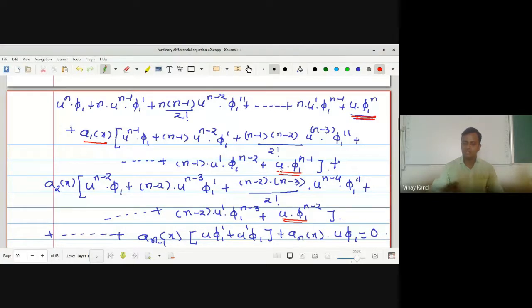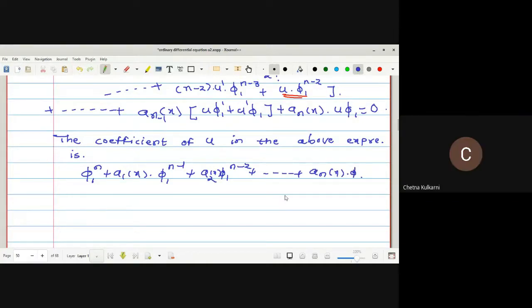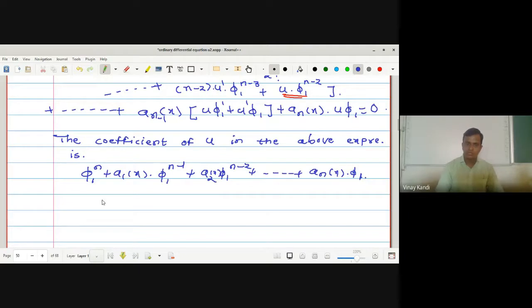So collecting all these terms, we get phi 1 raised to n plus a1 of x into phi 1 raised to n minus 1 plus a2 of x into phi 1 raised to n minus 2, and so on up to an of x into phi 1, which is equal to L of phi 1, which is equal to 0.